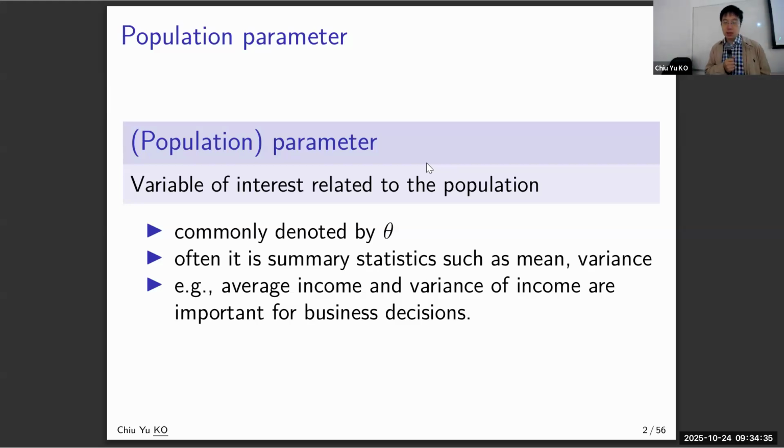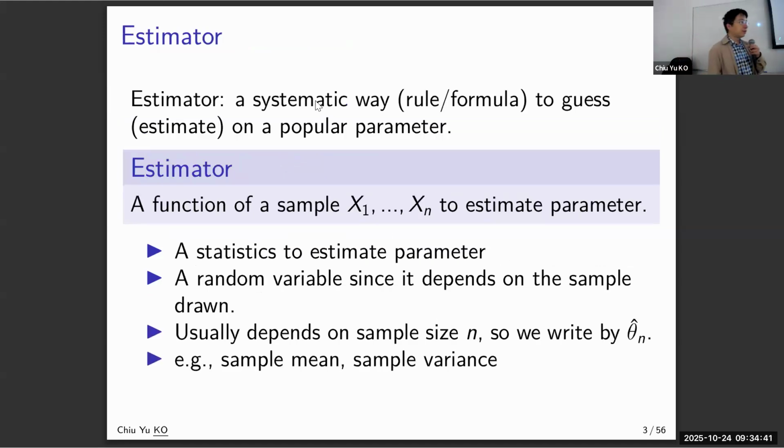These are numbers that we're trying to guess, and how we guess is through an estimator. And estimators are simply statistics. Remember, statistics are functions of the sample, and samples are random variables because they are collected from the population. That means our estimators are random variables, and they will have a mean, a variance, and a distribution.